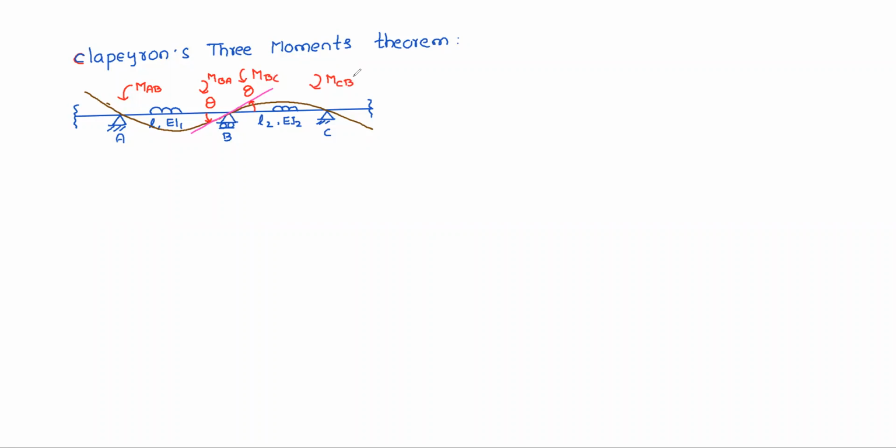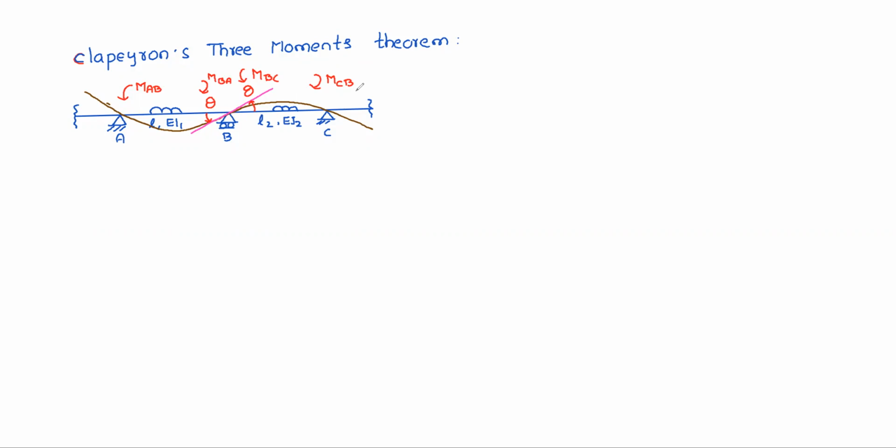See, all are hogging moments. MAB, on the left-hand side, is anti-clockwise hogging. MBA on the right-hand side is clockwise, that is hogging. Similarly, MBC, MCB. All are hogging moments we assumed.